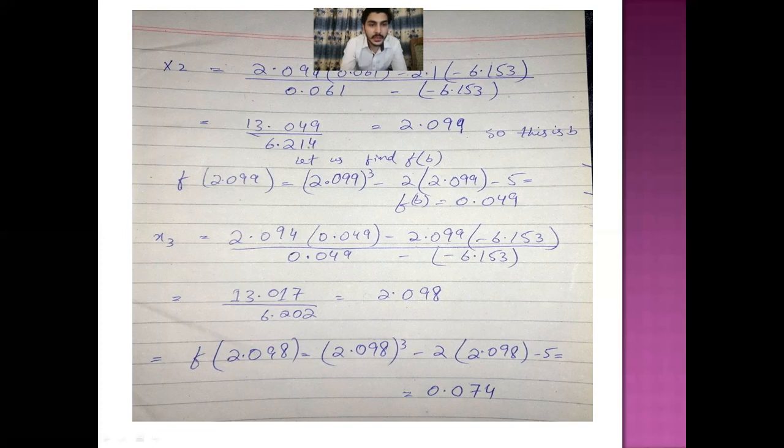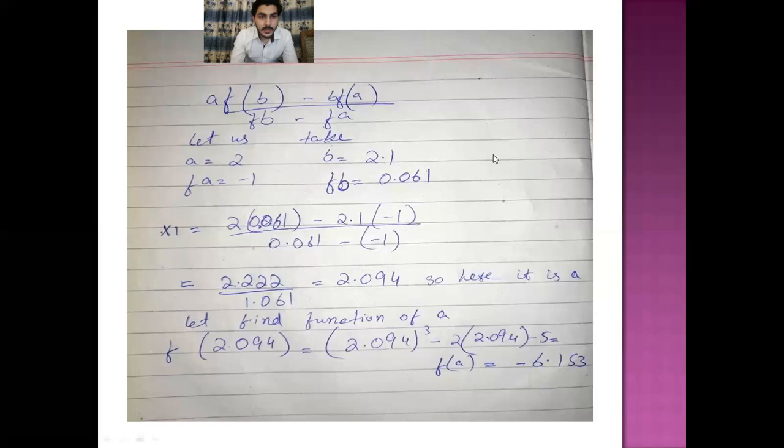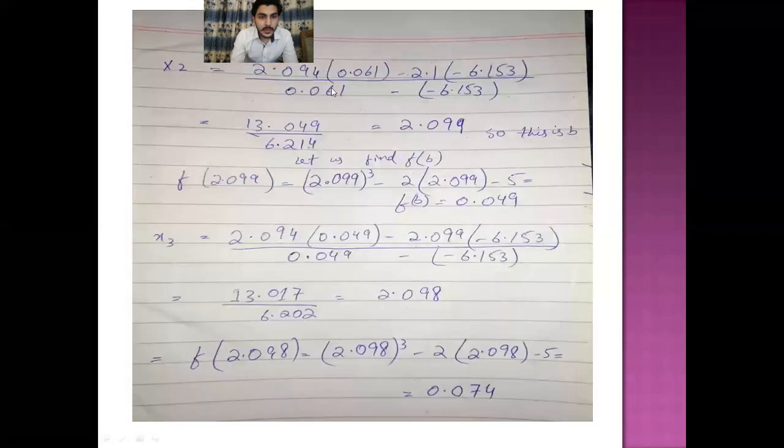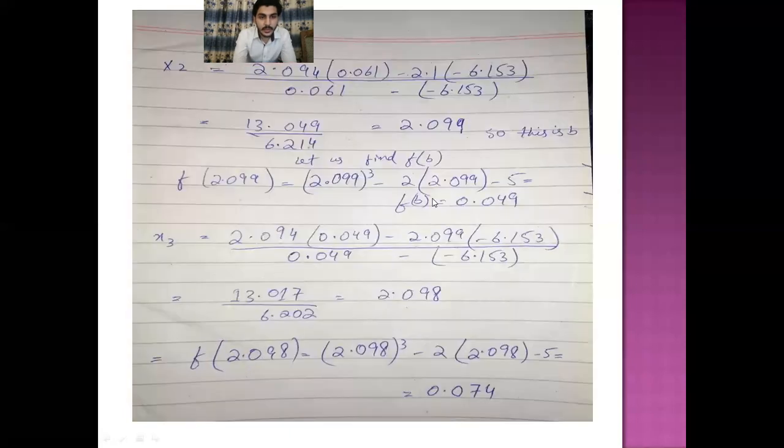Our x2 is 2.094. The a we have found here 2.094, and the previous function of b is 0.061 and 2.1 the b, and minus 6.153 the recent one function of a.